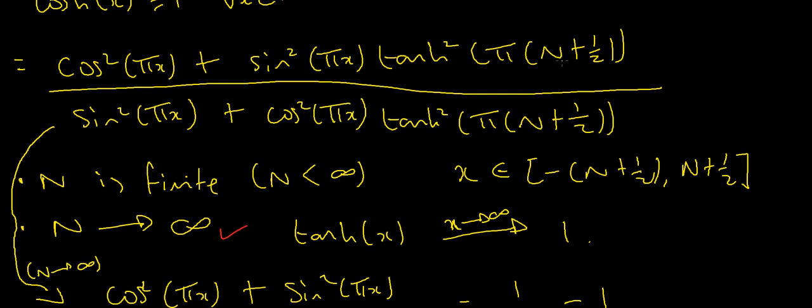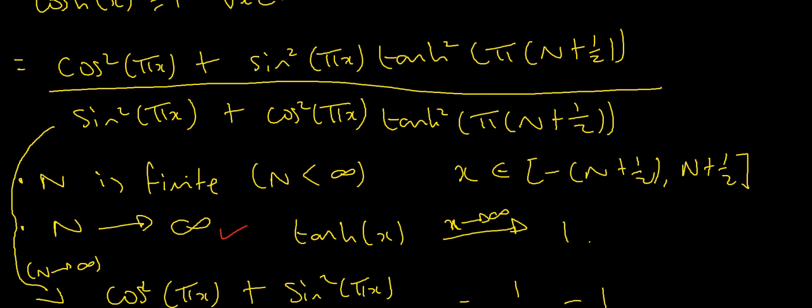It's not going to be 0 because I'd have to have n equal to minus a half, and it's not going to be 1 because n is finite. So the numerator looks to be fine because x is bounded in this interval. What about the denominator? I'm going to have problems if the denominator goes to 0. So if the denominator is equal to 0 at any point, then this fraction is going to be unbounded, and that's not a good thing.